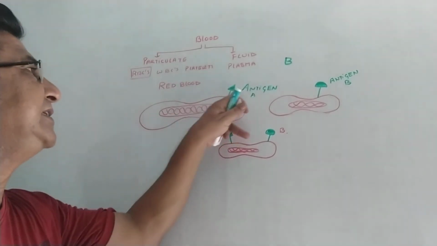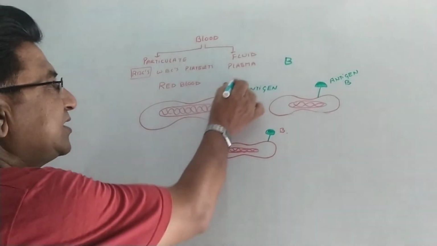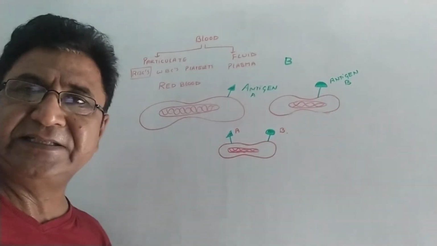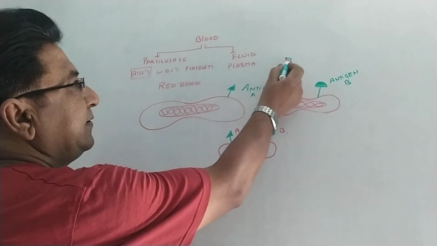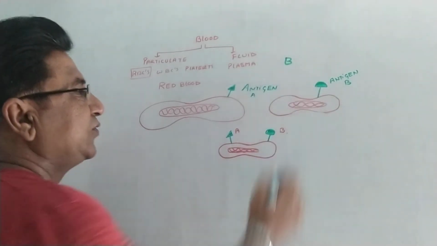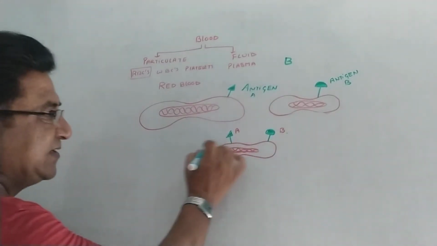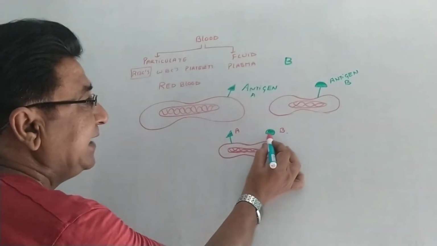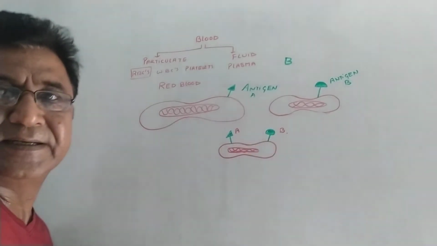One having the triangular antigen A. One RBC having antigen B, the dome of the B. One RBC having both antigen A and antigen B.